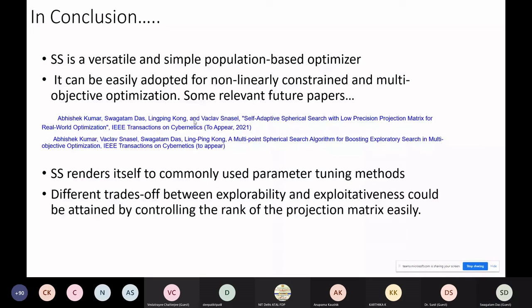Because we have, of course, certain random components also. So this is it. This algorithm is just on the ground, and we have made all the code and other things publicly available. Nowadays, reproducibility is a very big issue.